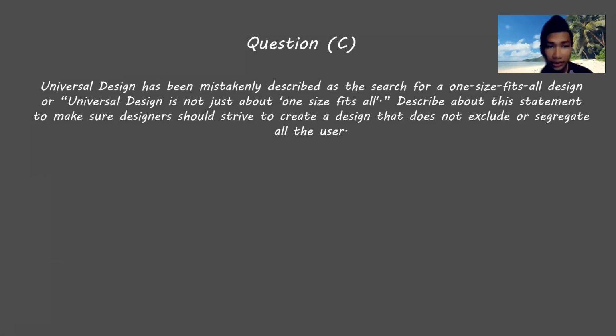Next one is question C. Universal design has been mistakenly described as the search for a one-size-fits-all design, but universal design is not just about one-size-fits-all. Describe this statement to make sure designers strive to create a design that does not exclude or segregate any users.